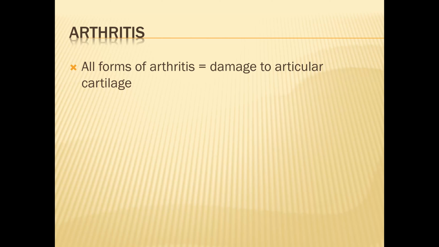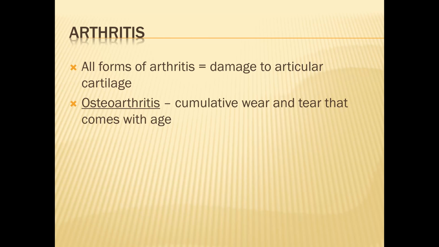There are many different types of arthritis, but we are going to focus on 3 that are more well known than the others. The first one is the most common, and this is osteoarthritis. This is the cumulative wear and tear that comes with age. So as you use your joints throughout your life, some people subject them to a lot more stresses than others.